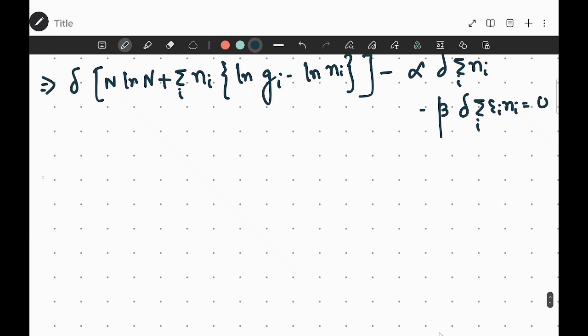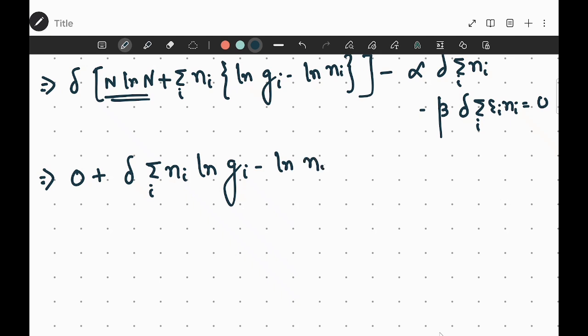So this first part is 0 because n is constant. This is the second part.